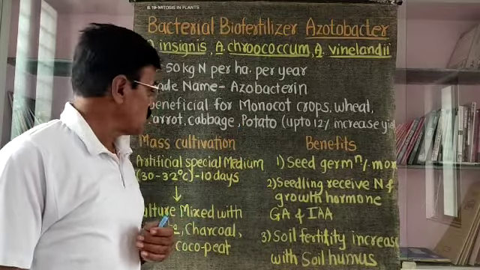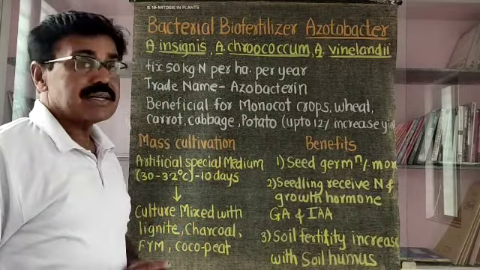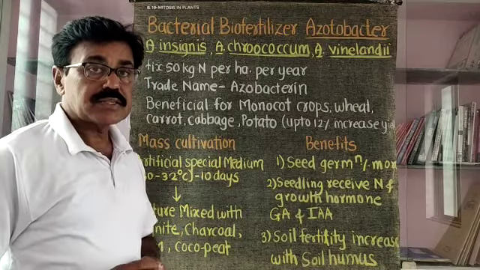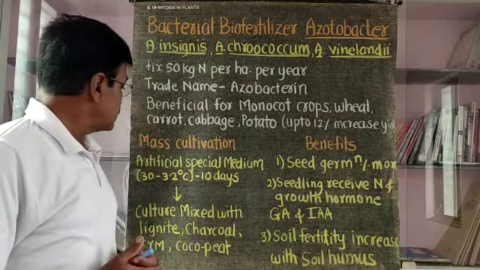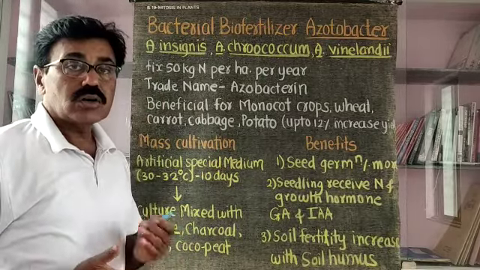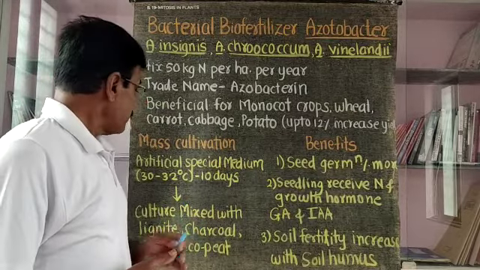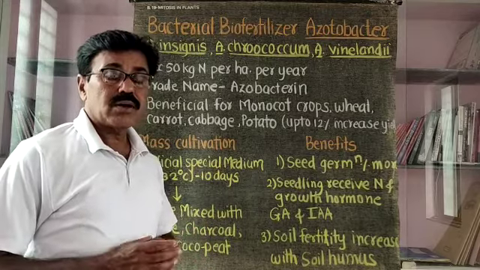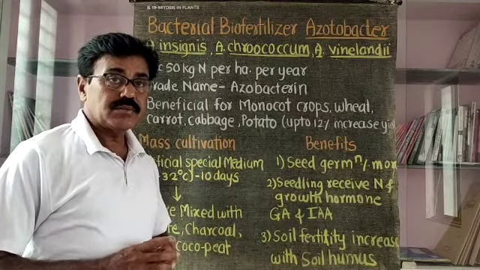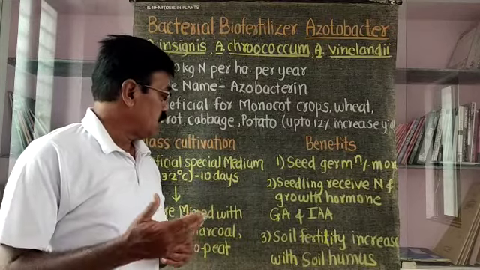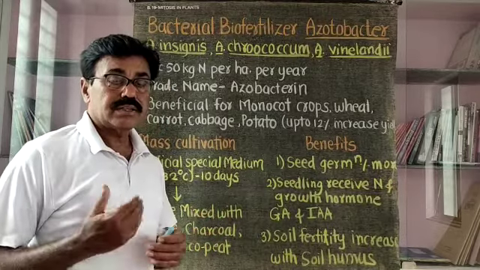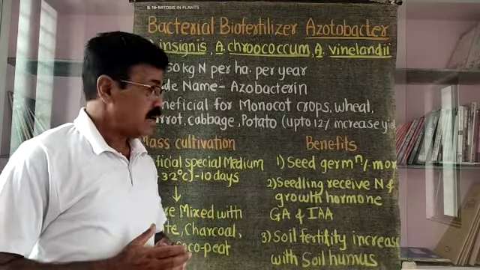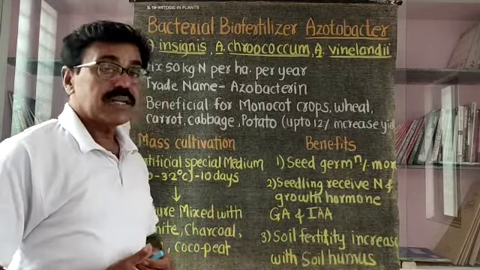As far as the mass cultivation of Azotobacter strains is concerned, the inoculum is sprayed on a special artificial medium. Up to 10 days the culture medium develops well and contains a large amount of Azotobacter.